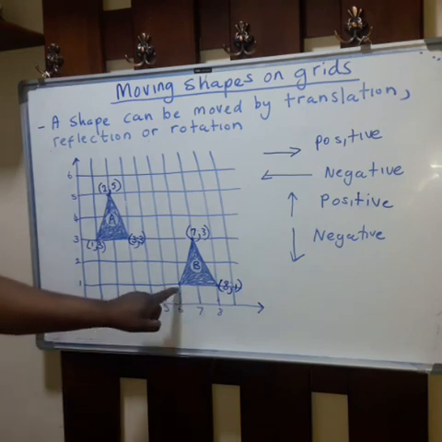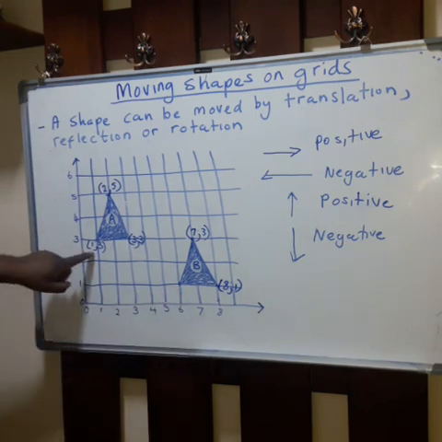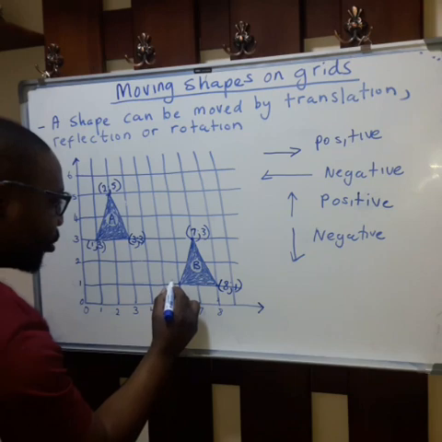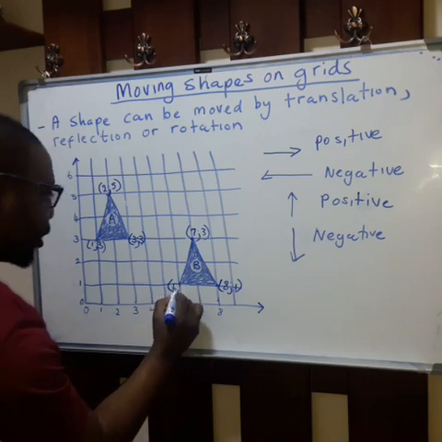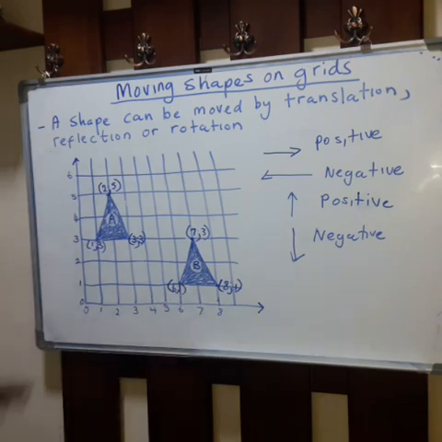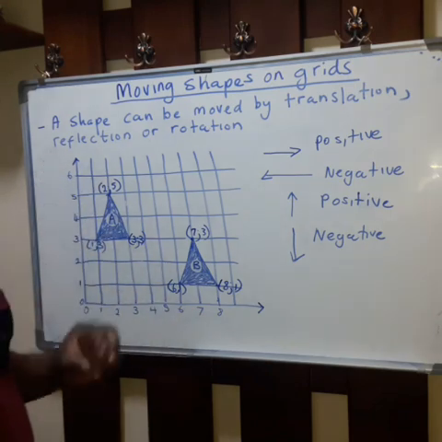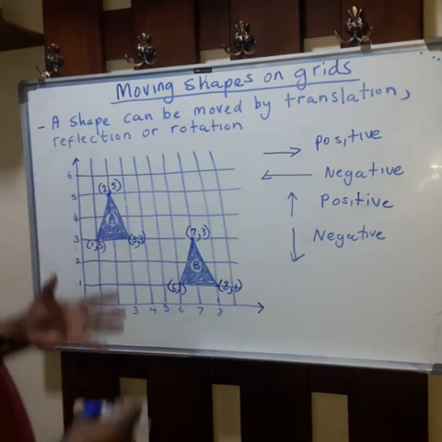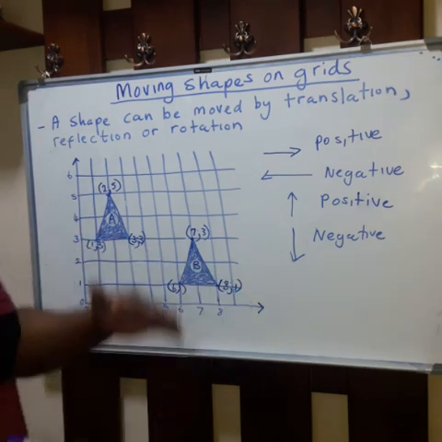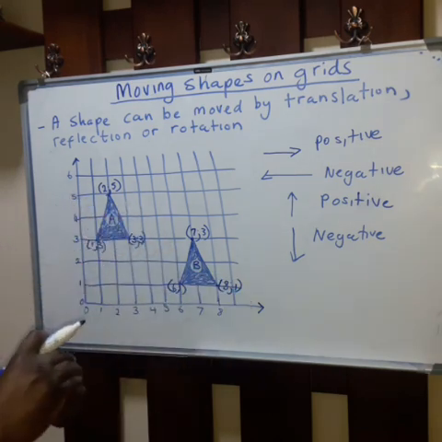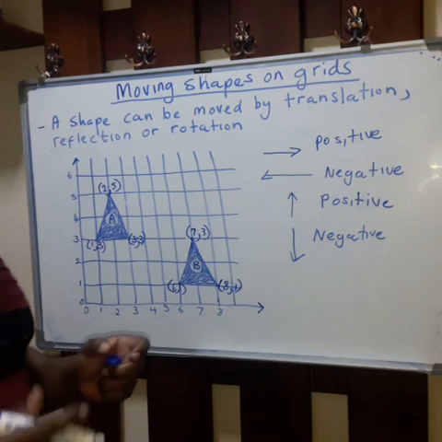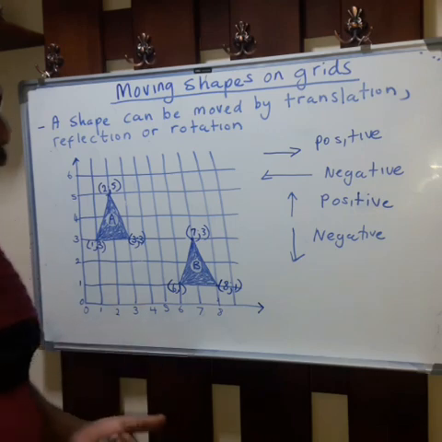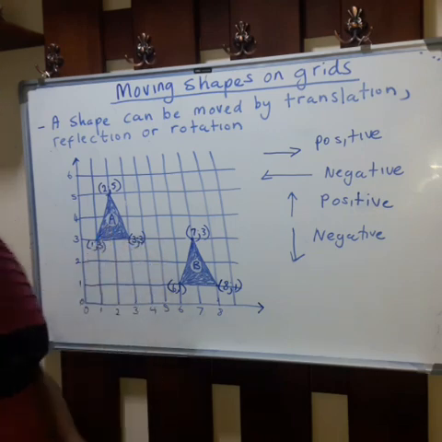The other corner, which was initially 1, 3, is now 6, 1. Okay, so I have given coordinates to both shapes. This is the same shape. What has only happened is that it has just moved. It moved horizontally and vertically. So we want to come up with a formula that tells us how shape A moved.